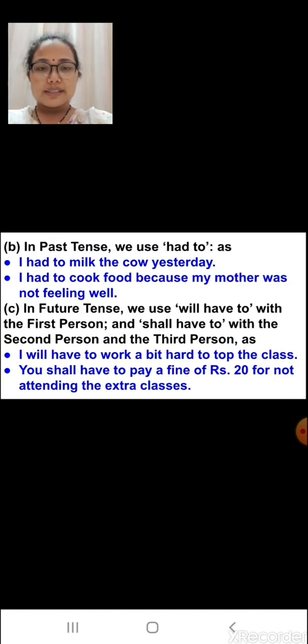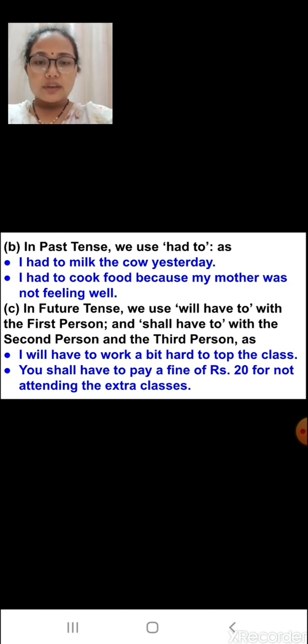In the past tense, we use had to. For example, number 1, I had to milk the cow yesterday. Number 2, I had to cook food because my mother was not feeling well. In future tense, we use will have to with the first person and shall have to with the second person and the third person.